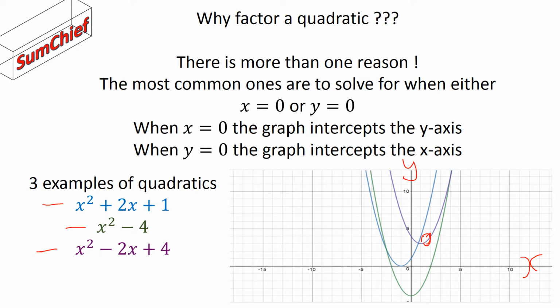You've got x squared minus 4, which intercepts the x-axis twice, namely here and here. And then x squared plus 2x plus 1 only intercepts the x-axis in one place, namely here. Now all these graphs, you'll notice, intercept the y-axis. So I just circle around here and here and here. Okay, so let's have a look into this a little bit further.